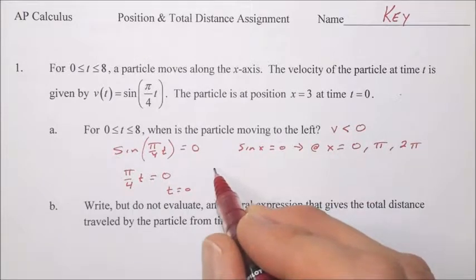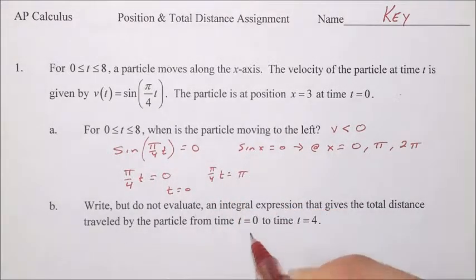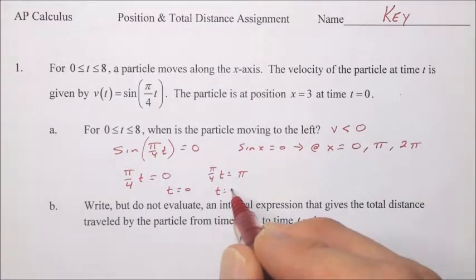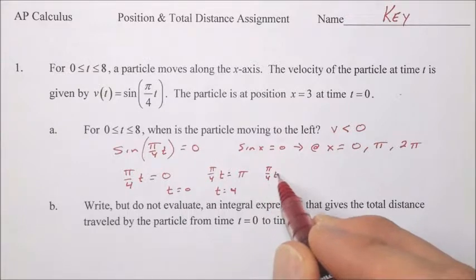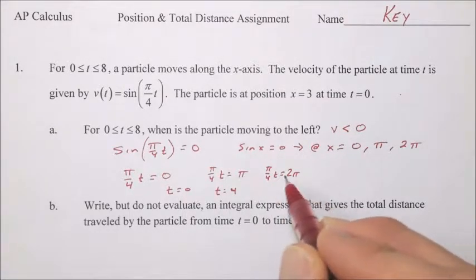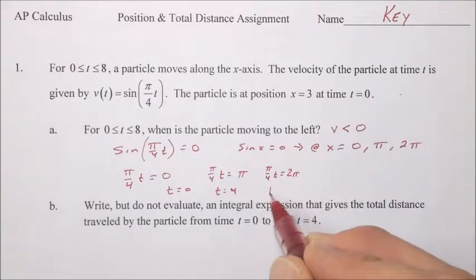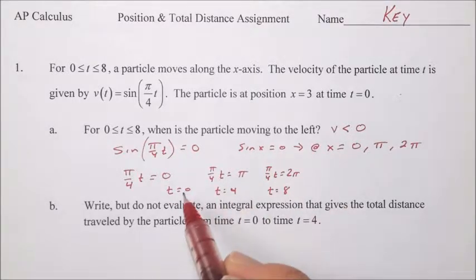And we need to know when pi over 4t is equal to pi, and that's going to be t equals 4. And then when pi over 4t is equal to 2 pi, multiply by 4 and divide by pi, and we get t is equal to 8. So those are our three values when the velocity is equal to 0.